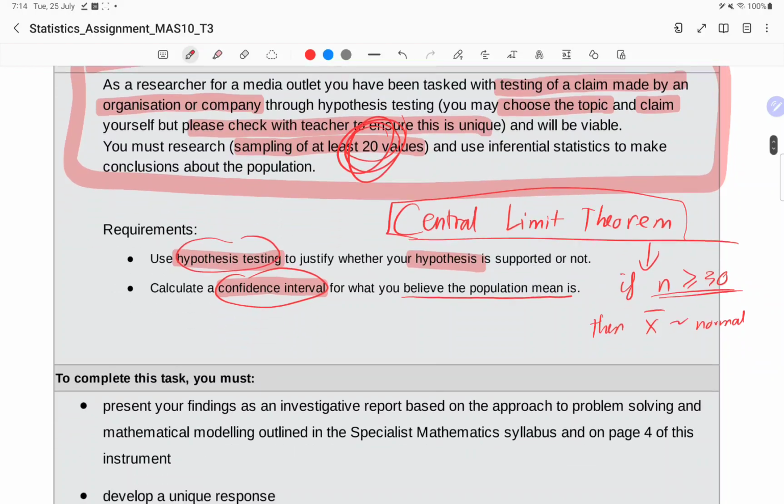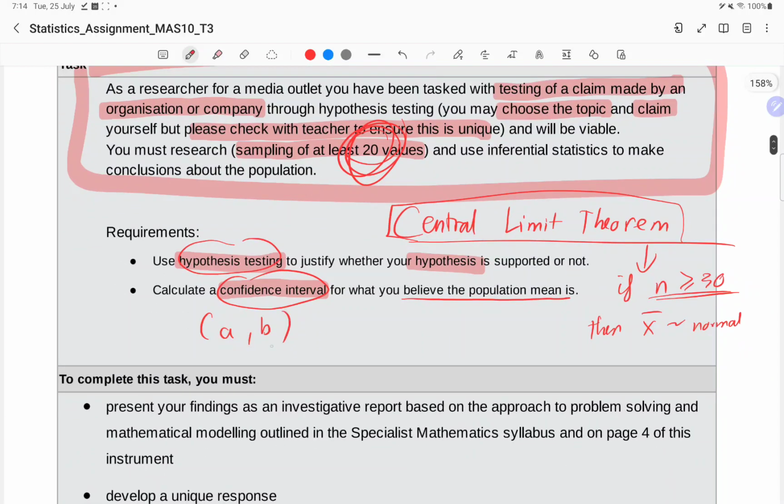The confidence interval is two numbers, A and B, right? So you have to say the 95% confidence interval for the population mean is this, and that's it. If you say anything else, it's actually a wrong interpretation.